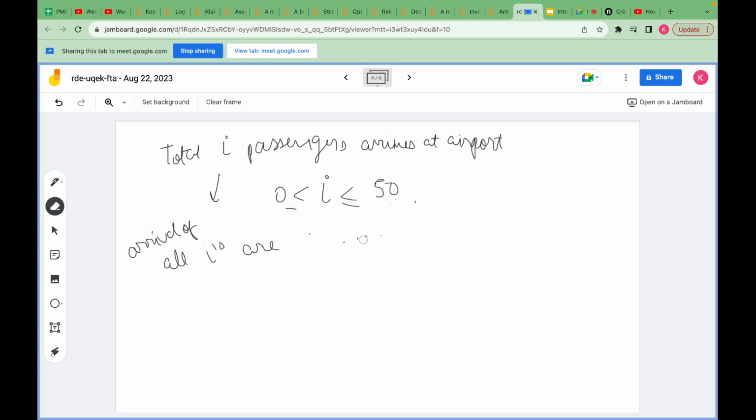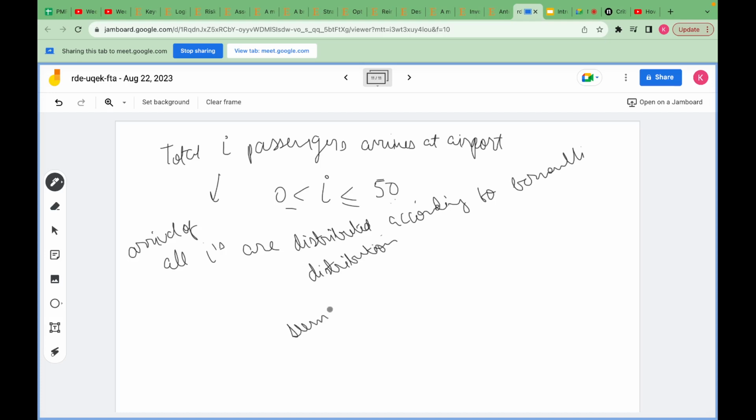They are distributed according to Bernoulli distribution.